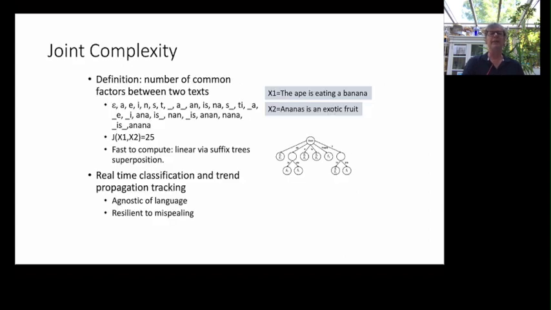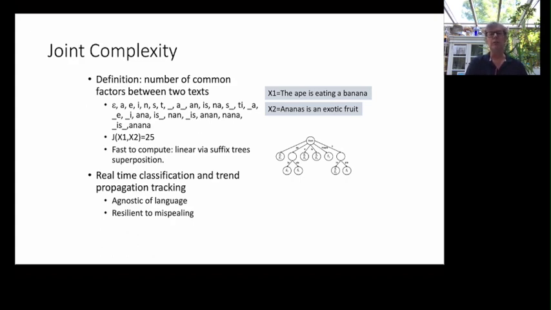We are going to use the joint complexity. The definition of the joint complexity is basically the number of common factors between two texts. Assume that the texts are x1 and x2. Then you see the common factors, and the number of common factors is 25.